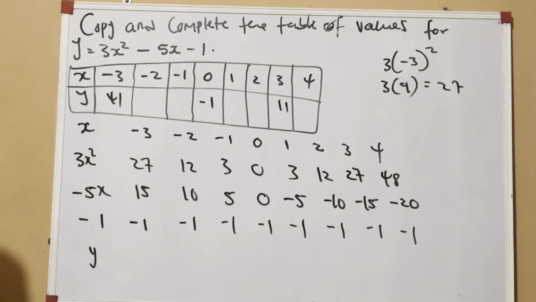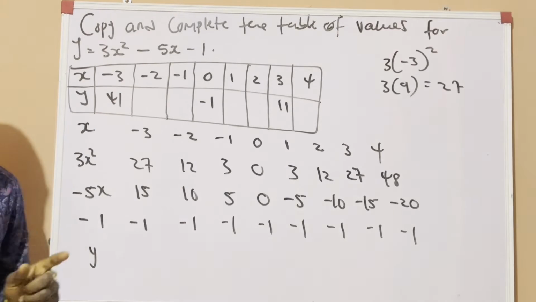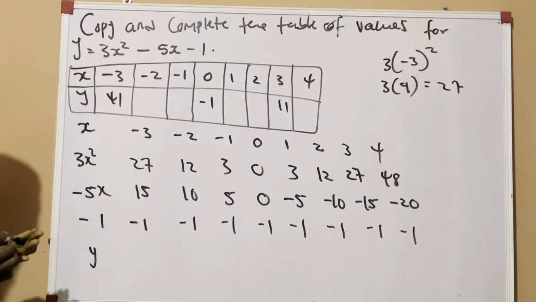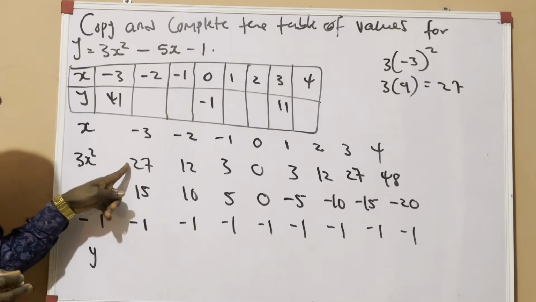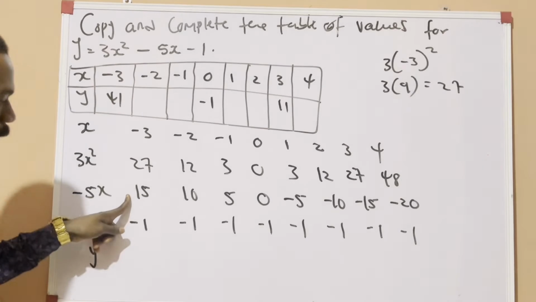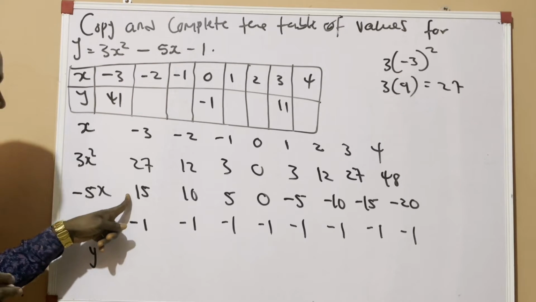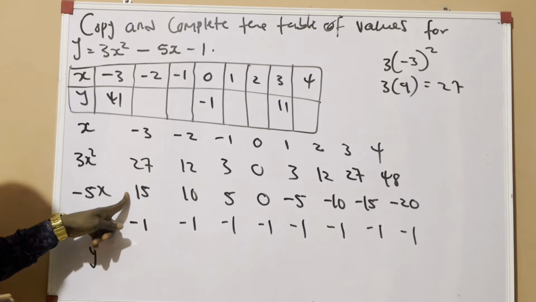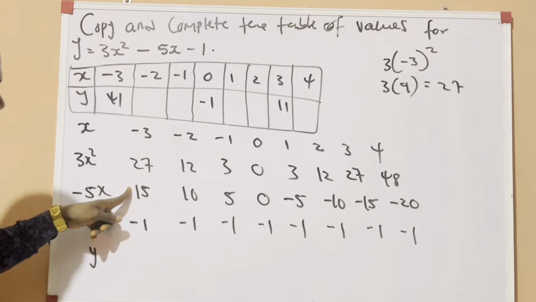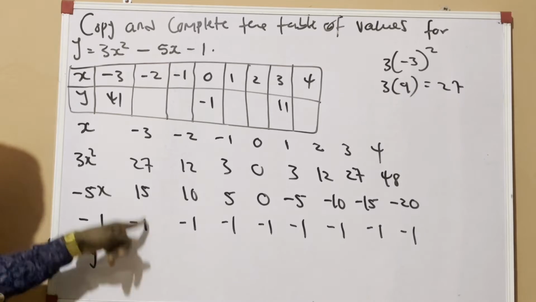Now, for us to be able to get the values for y, we're going to start this way. What I have is 27. 27 plus 15 gives us 42. 42 minus 1 gives us 41.